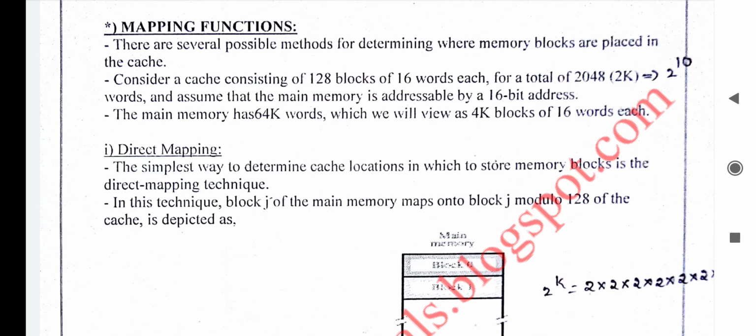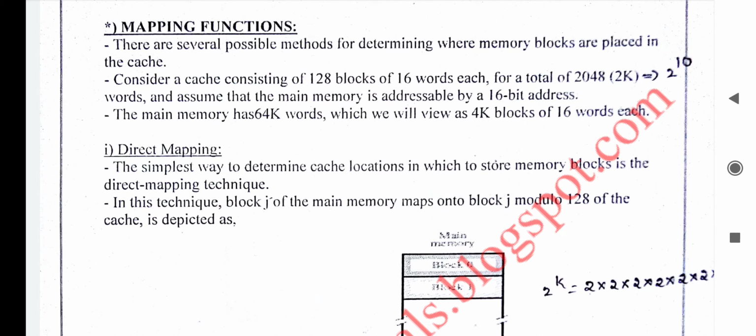Consider a cache consisting of 128 blocks of 16 words each, for a total of 2048, that is 2k words, and assume that the main memory is addressable by a 16-bit address. The main memory has 64k words, which we will view as 4k blocks of 16 words each.